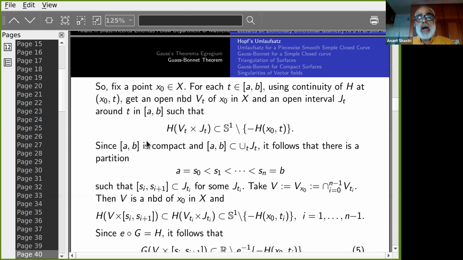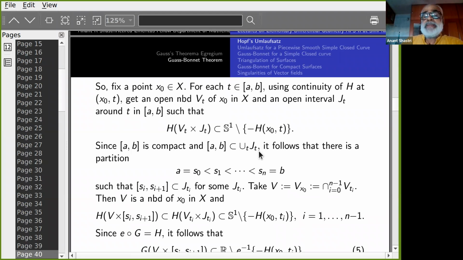Now, fixing x naught, I am varying the point t on the interval. The interval is compact. When I vary the point, the interval [a,b] will be contained in the union of all these open intervals, because each open interval contains t. So for every t you will find one here. Therefore, [a,b] is contained in the union of all the open intervals, so that is an open cover.